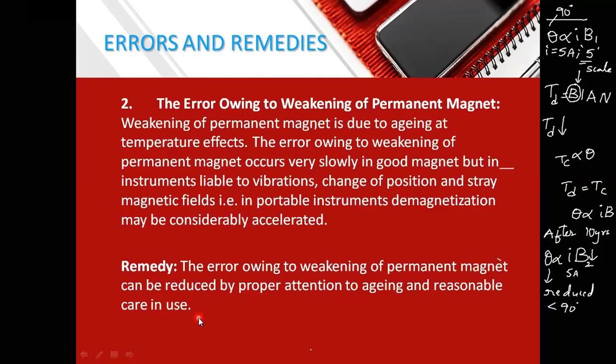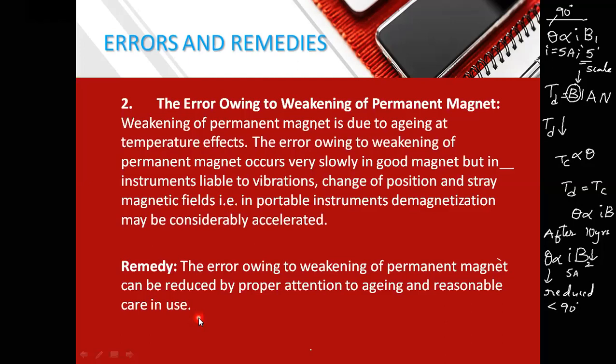So when you are using the permanent magnet moving coil instrument, we should take proper care in handling it, and also we should check the full scale deflection maybe after 4 years, 5 years, to check whether the instrument is working up to the mark, whether the permanent magnet got weakened, and that is what we call proper attention to aging.